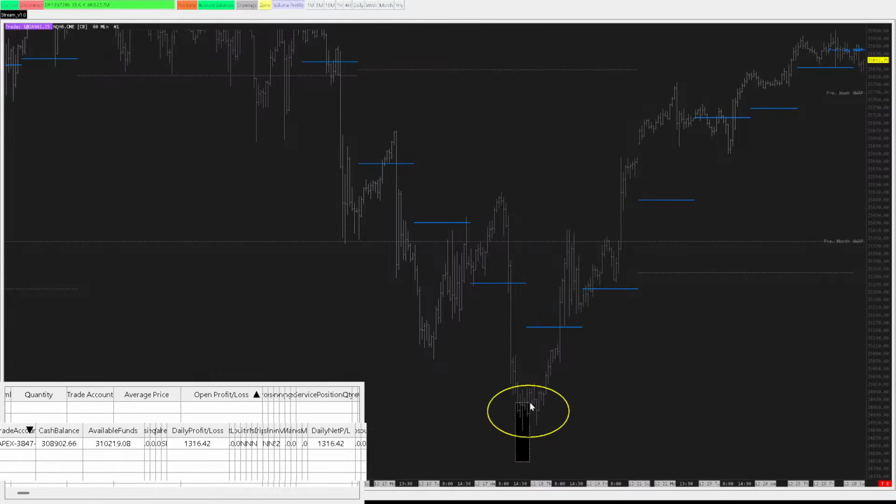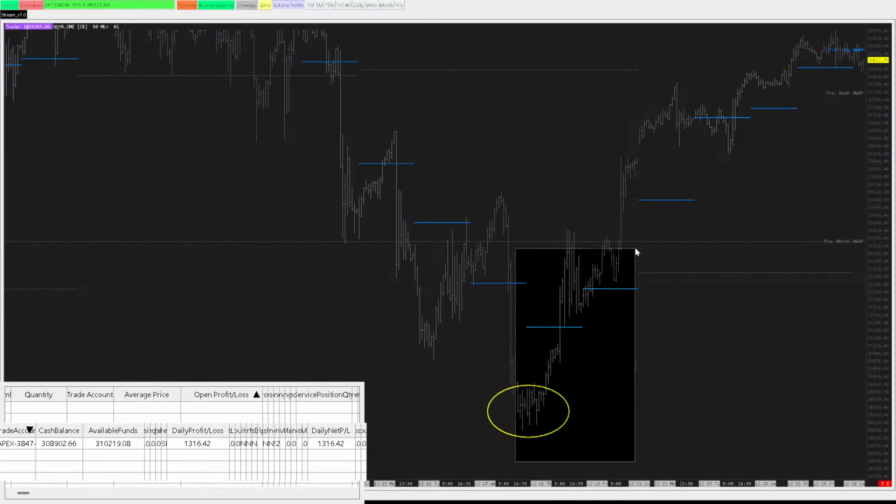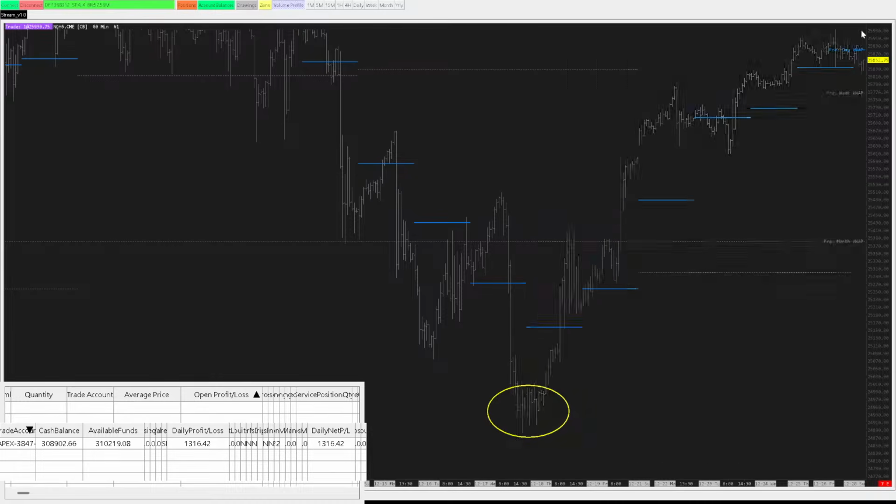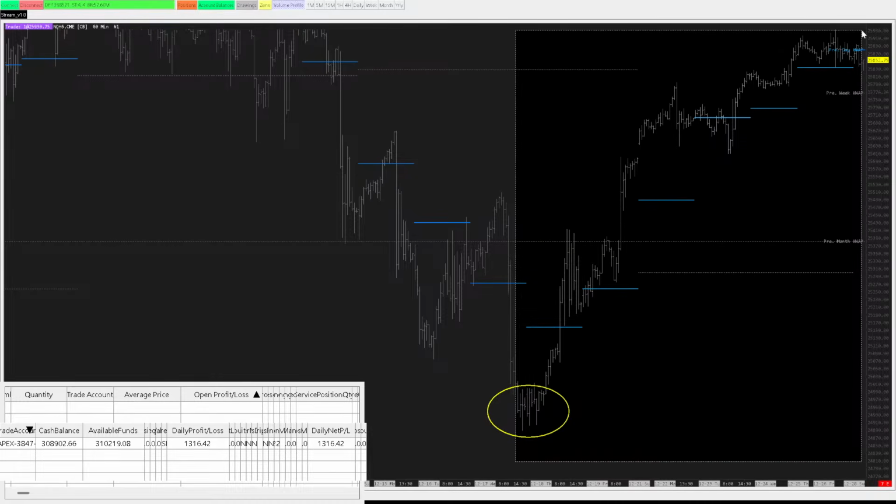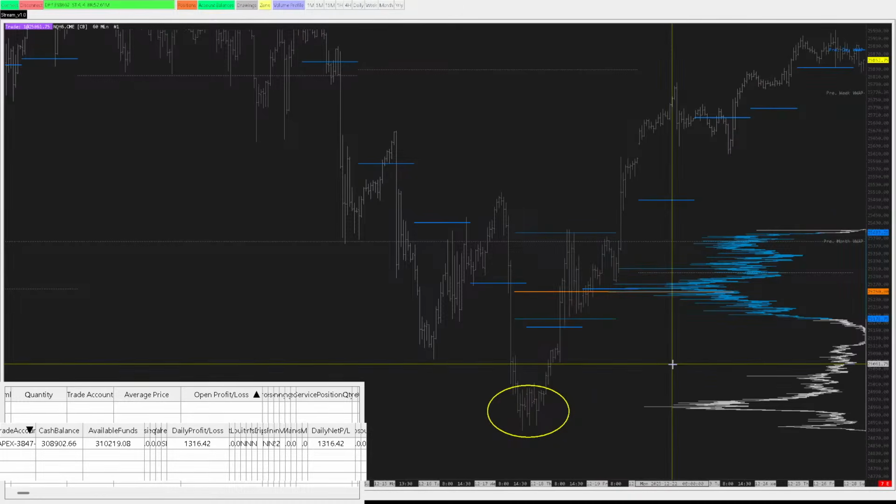And here's a little tip for you guys. If you're drawing your FRVP, again, fixed range volume profile, and you're dragging it up, you're looking for longs. Okay, again, this direction. But if I was over here, hold on, let me delete that.